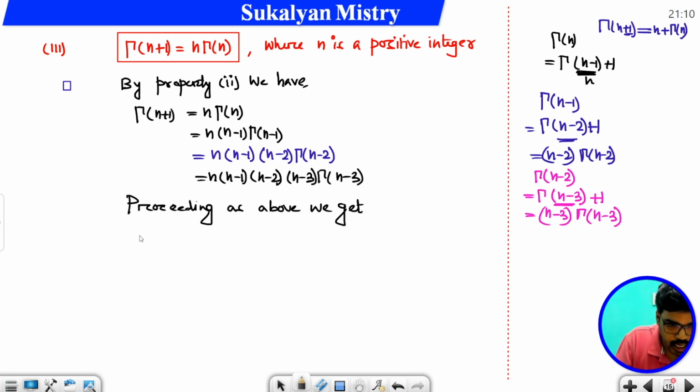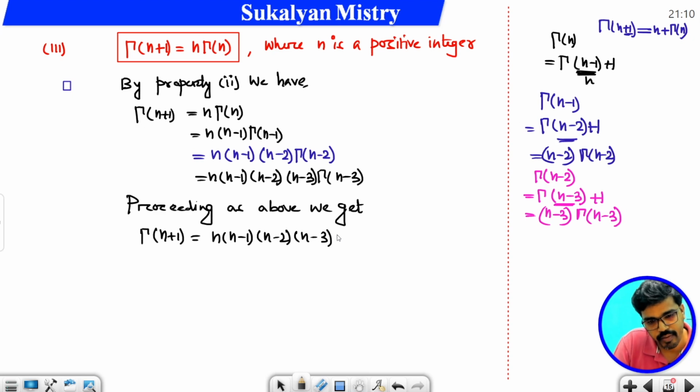gamma n plus 1, so this equals, similarly see, gamma n minus 3 you can write as n minus 4 into gamma n minus 4. So ultimately you see n into n minus 1 into n minus 2 into n minus 3, dot dot dot, 3 into 2, finally you will get gamma 1.